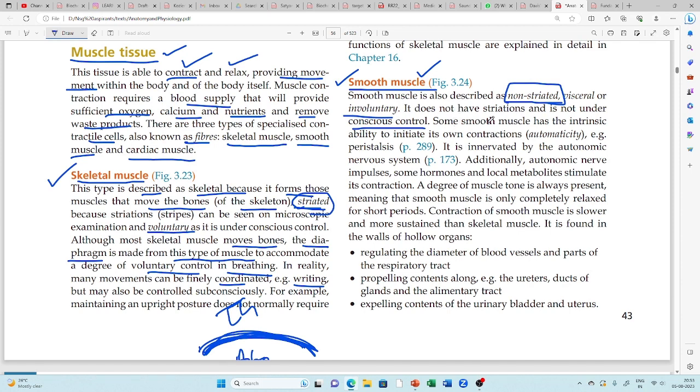Some smooth muscles have an intrinsic ability to initiate their own contraction. Some smooth muscles have the capacity to start their own contraction. That process is known as automaticity. What is meant by automaticity? If any muscle has the ability to start its own contraction, it is known as automaticity. Like peristalsis.